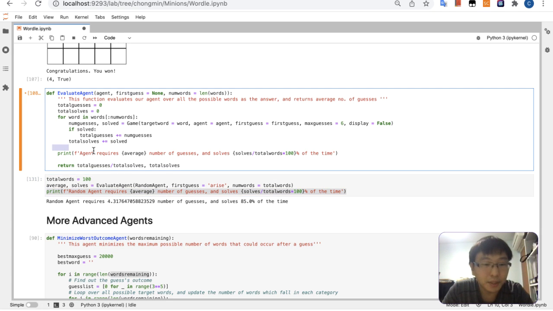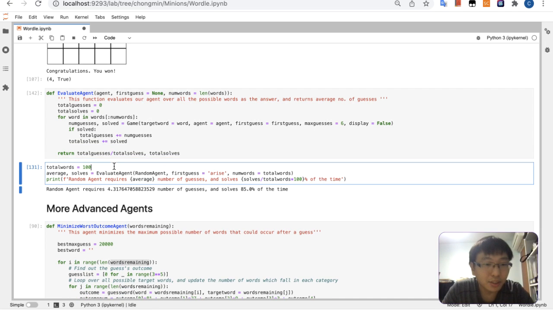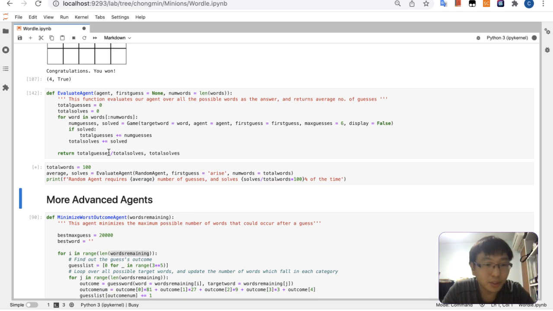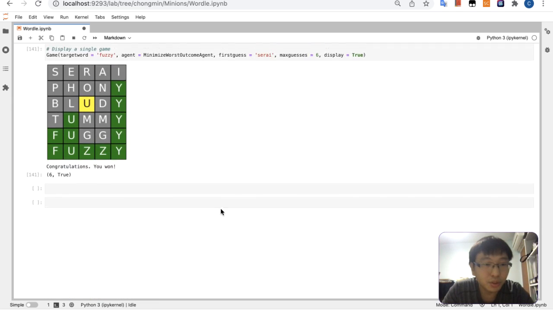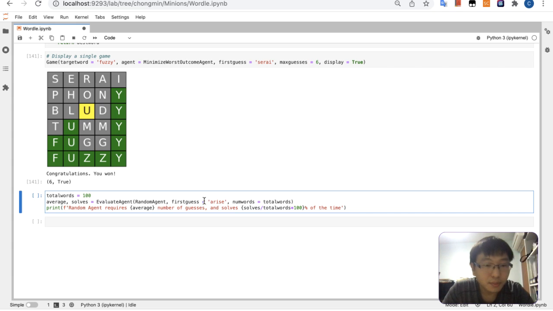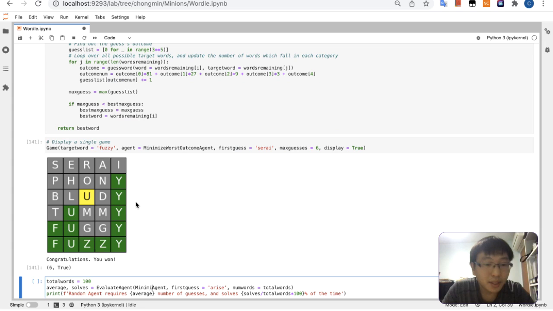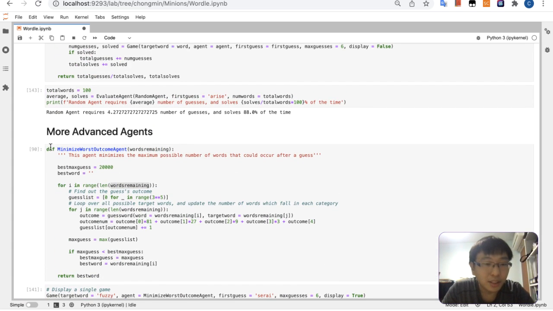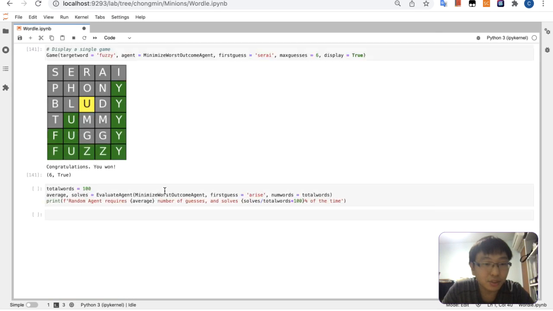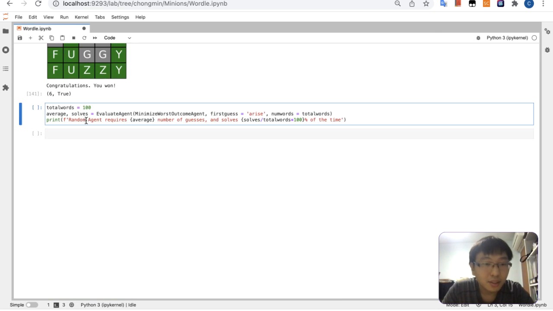No, actually, I shouldn't. Keep it separate. Yeah, I'll just copy and paste this whole thing here. So let's make sure the random agent is still working. Okay, so we try this here. So this one will be the minimize worst outcome agent. It's actually a function. I could make it a class as well, but I think this is fine. So this one will be the minimize worst outcome agent.